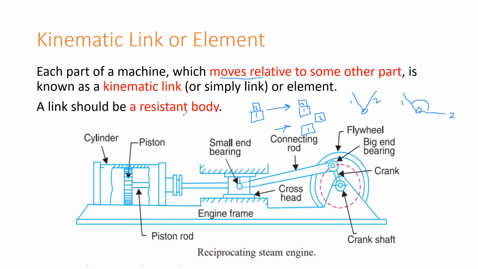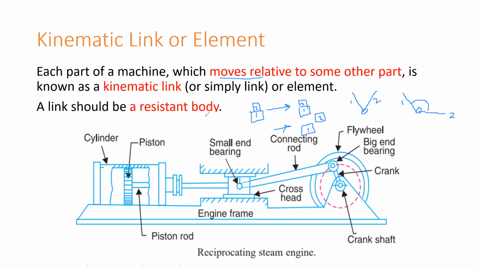Suppose a force is acting on a link and it gets deformed on application of that force. Then it will not be able to transmit the force to the next link. Getting this? So a link should be a resistant body, in a way that motion transmission is not affected.